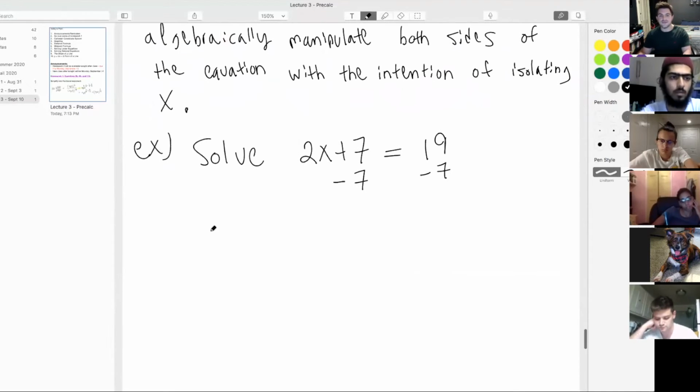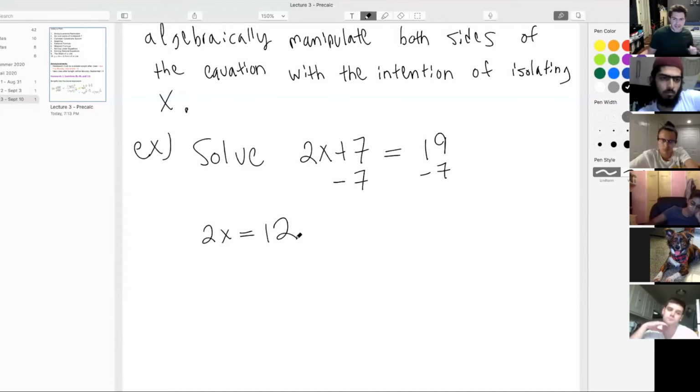This gives us 2x is equal to 19 minus 7, which is 12. Everyone okay with that? Why did I subtract 7 from both sides? Because that gets us in the process of getting x by itself. Next step will be to divide both sides by 2.